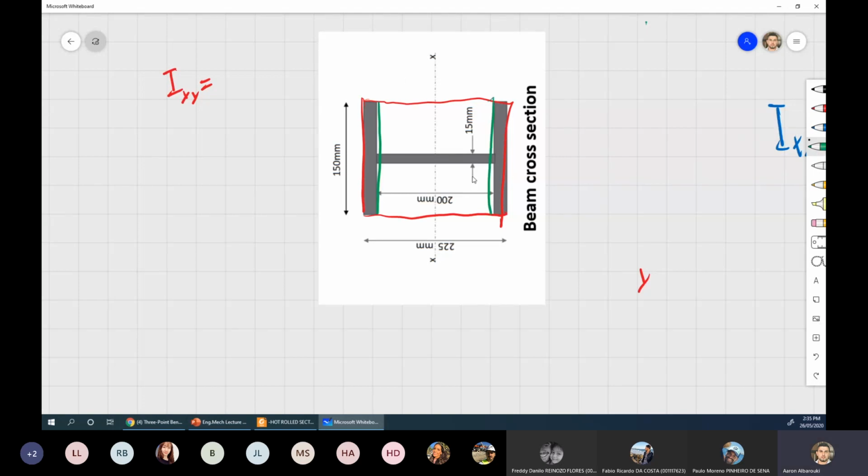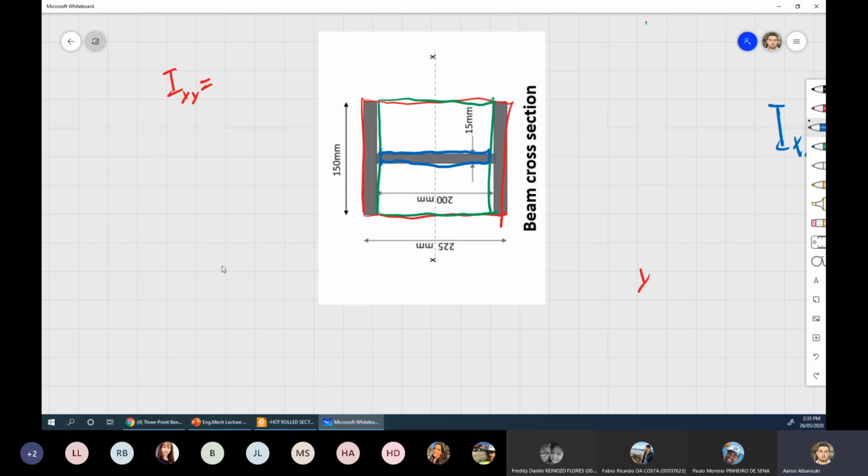Look at these two shapes. They have the same centroid on the axis, plus this shape. Okay, but now this is my B and this is my H. Simple as that.